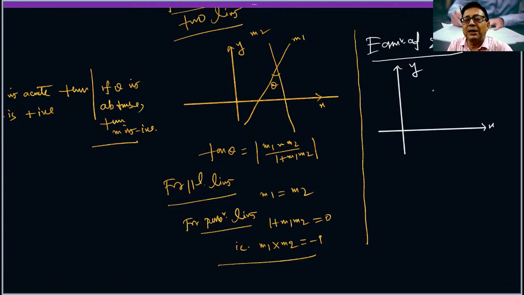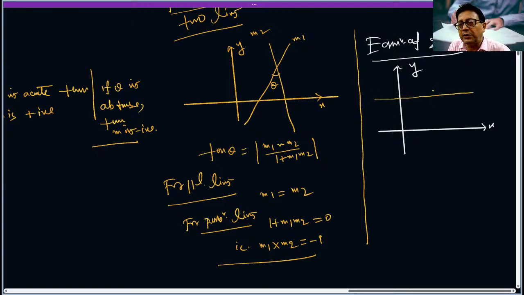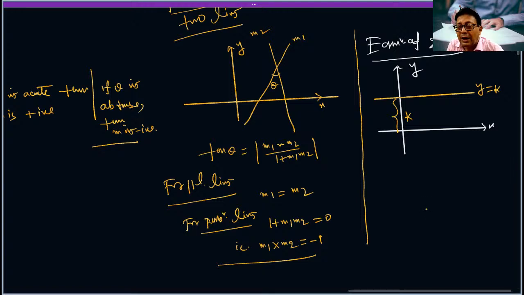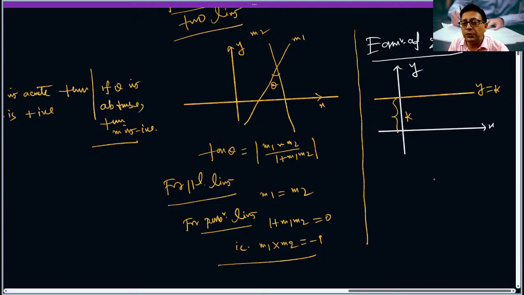If the distance of the line from origin is known, then only we can write. This will be y equal to a constant, where this one is k. If it is below x-axis, then y will be minus k. Isn't it? Yes, sir.